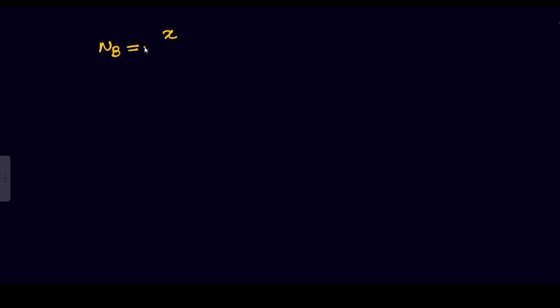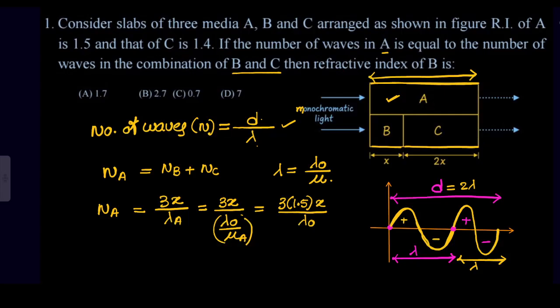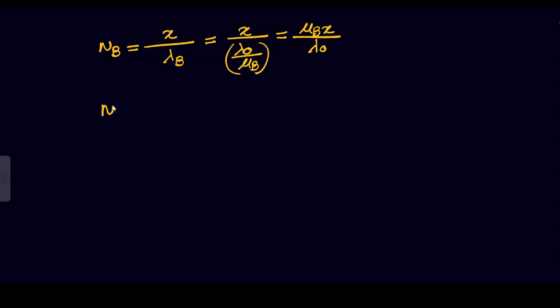So that is x by lambda B, which is x by lambda naught by refractive index of B, so we will come to mu B into x by lambda naught. Is mu B value given? Not given. We have to find.